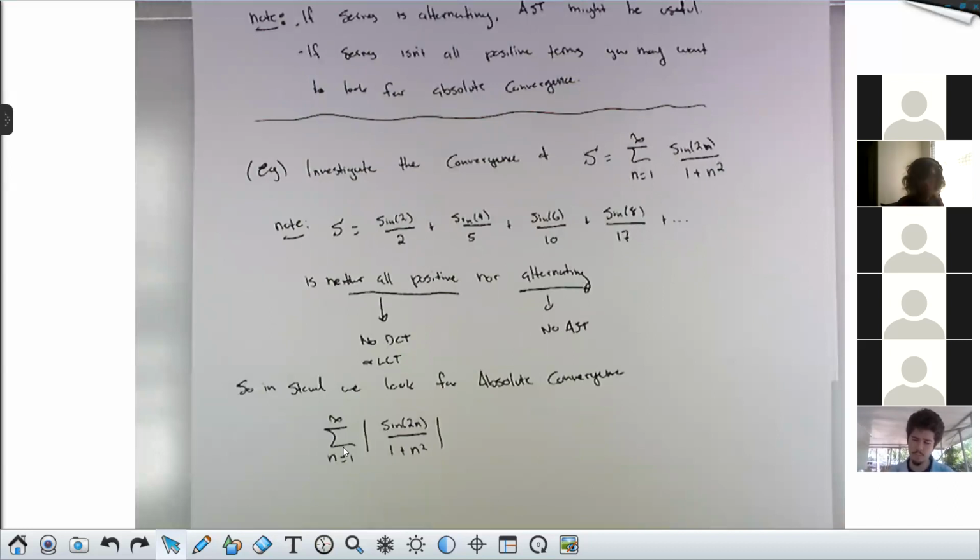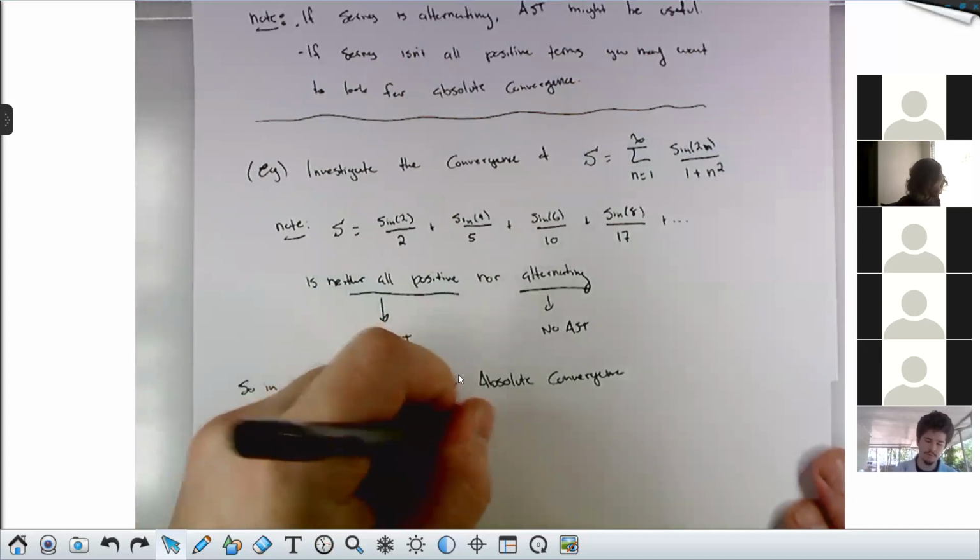If this series converges, then the original series converges absolutely, and I would certainly be happy to know that. And the absolute values make everything positive.